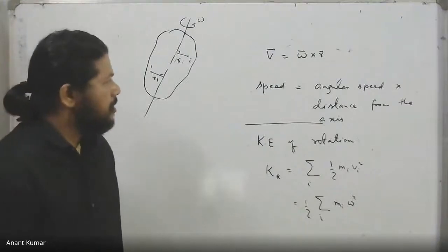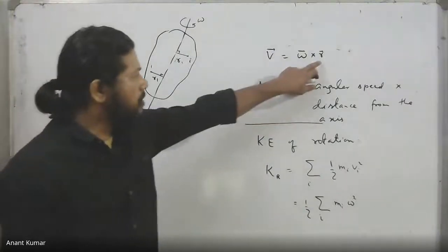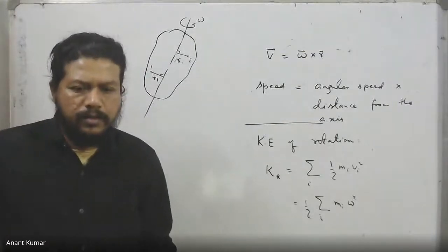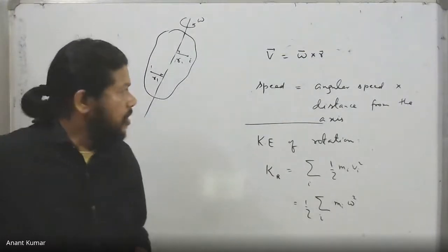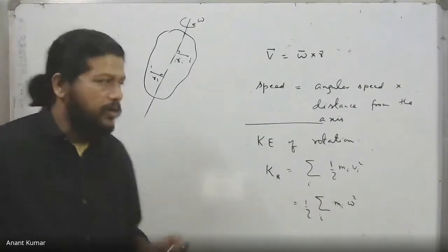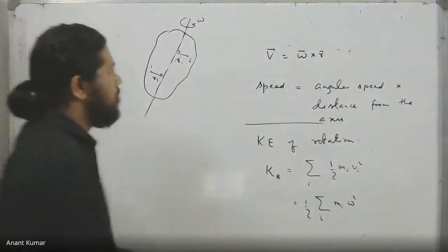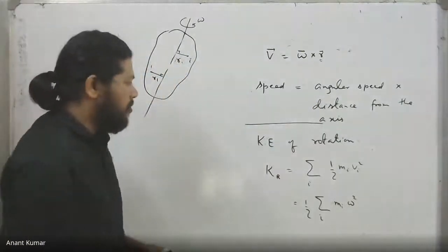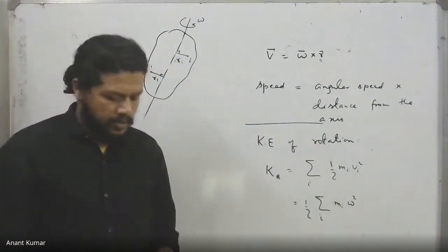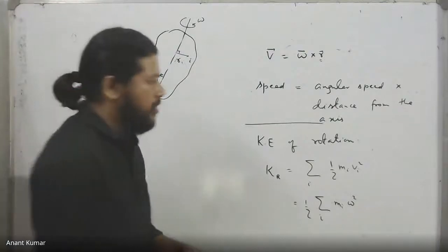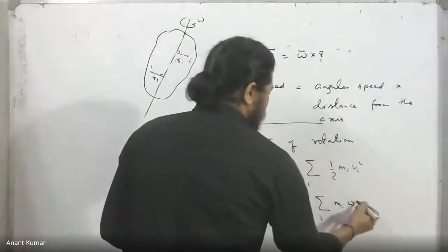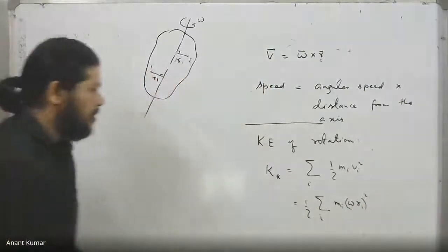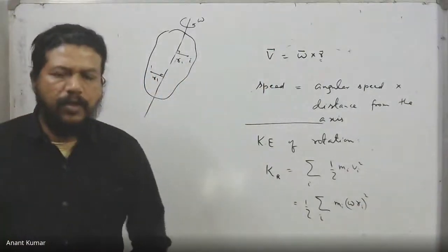Earlier the r vector was from the origin lying on the axis itself. That r was the position vector, but right now the r I am writing down is the distance from the axis actually.